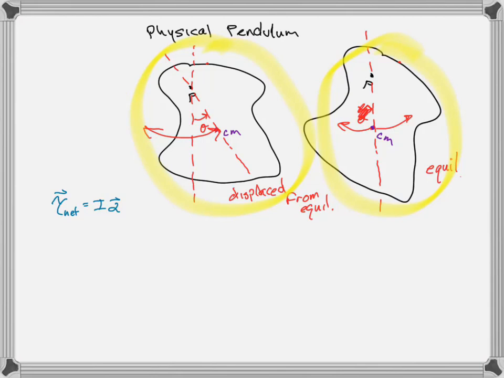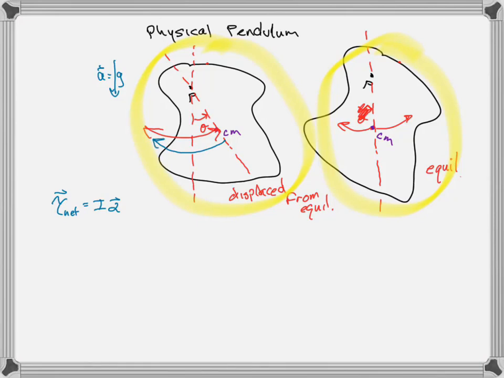So the acceleration due to gravity is still in that direction, and so what's pulling it back towards equilibrium is indeed gravity, but gravity exerts a torque to rotate it about the pivot point, right?